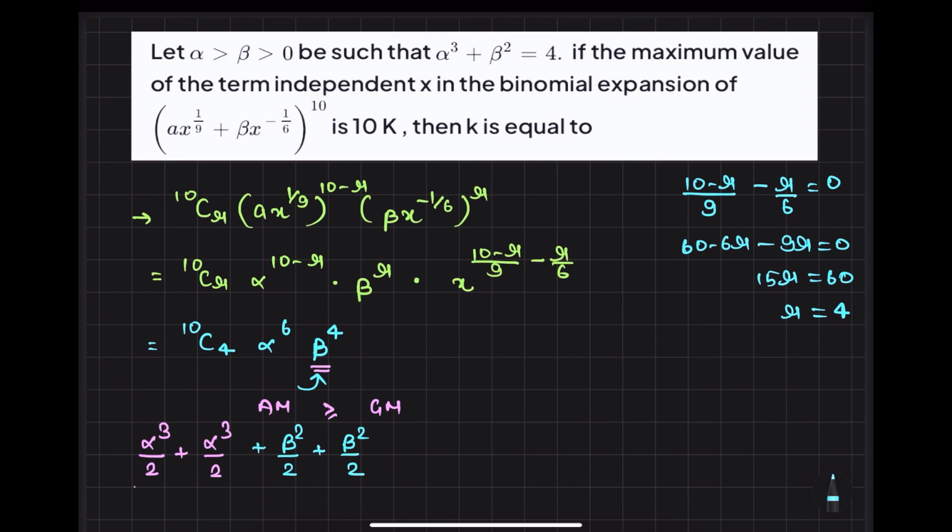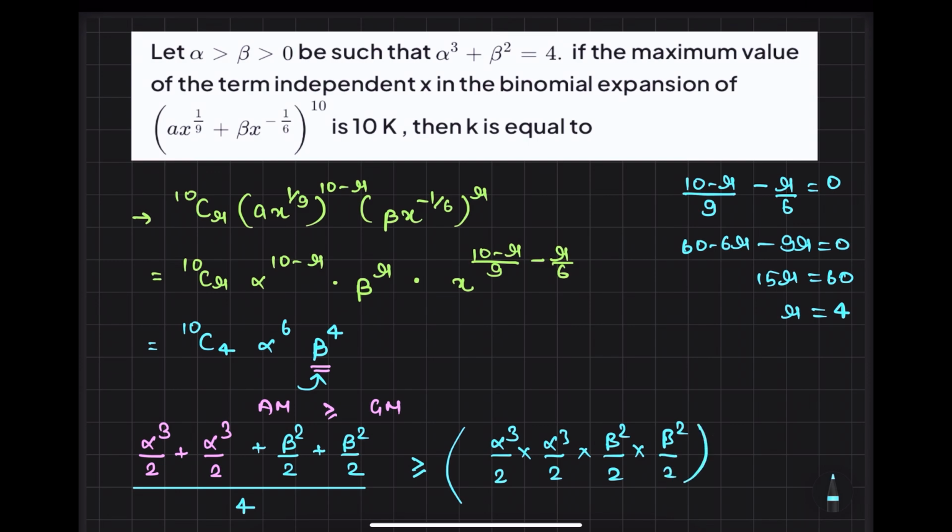For AM we have 4 elements, so it is divided by 4, and then we will apply GM: alpha power 3 by 2, alpha power 3 by 2, then beta power 2 by 2, beta power 2 by 2. Here we have 4 entities, so we will put power 1 by 4.